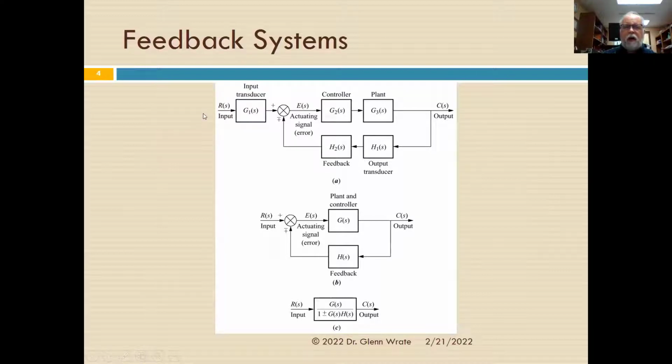We'll find out that through something called Mason's gain formula, that we can take everything on the forward path and lump it together, and then we can have the feedback path that we call it, and the formula for that is 1 over 1 plus the loop gain or minus the loop gain. So if this is a minus here, this is a plus down here, and if this is a plus, then this is a minus. So there's a change of signs there.